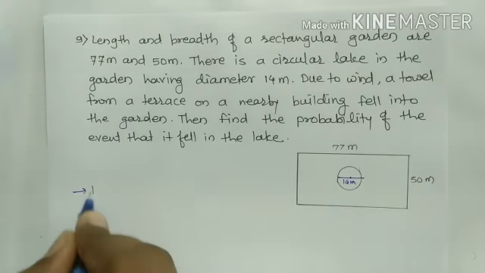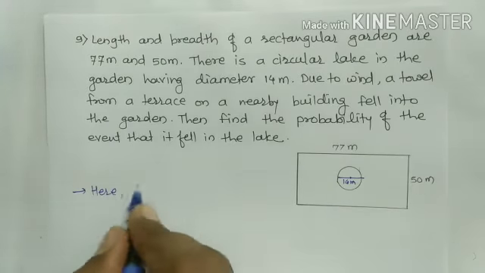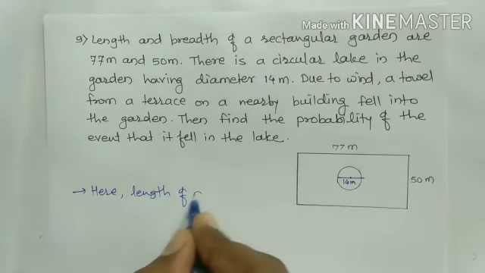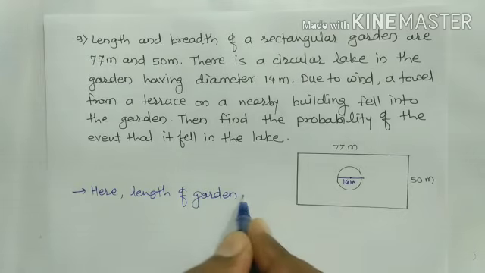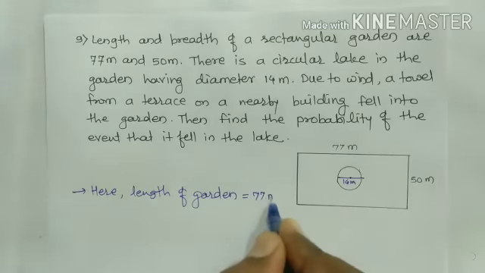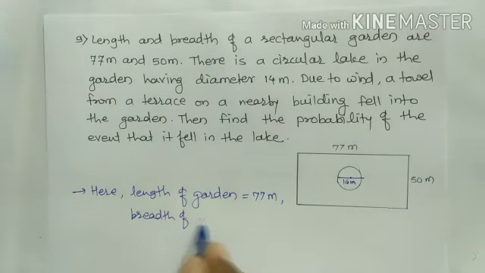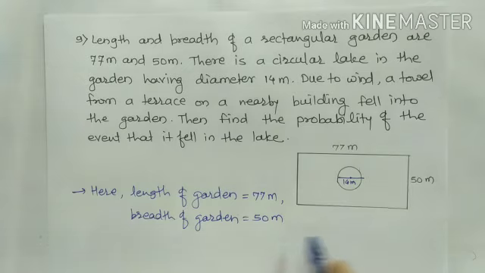See here, length of the garden equals 77 meter. Then breadth of the garden equals 50 meter.